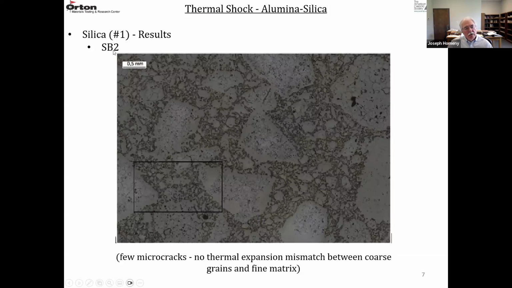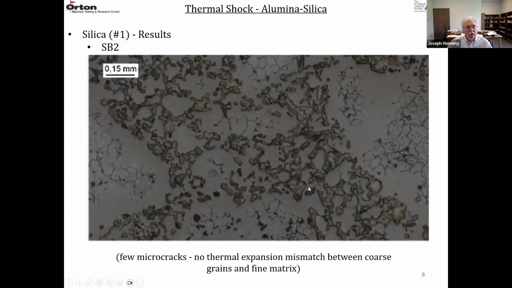And this is the second crystalline silica brick, SB2. You can see this one has larger grains on the order of maybe a couple millimeters. And then the matrix and then the finer grains. So again, no microcracks were really seen because there's no thermal expansion mismatch between the matrix and the coarser grains. And then this area was looked at a little higher magnification.